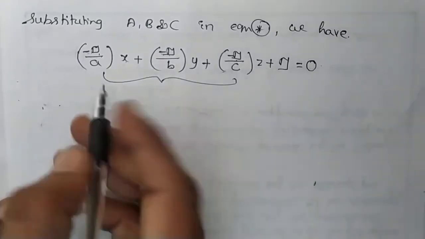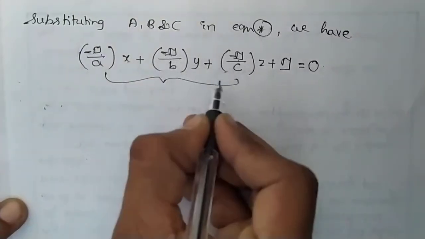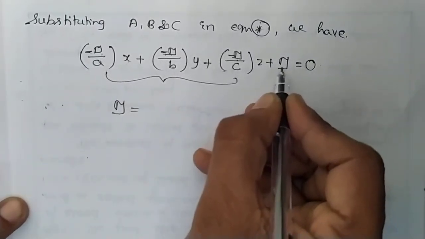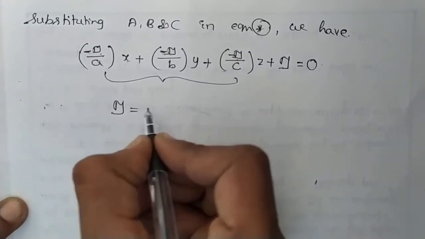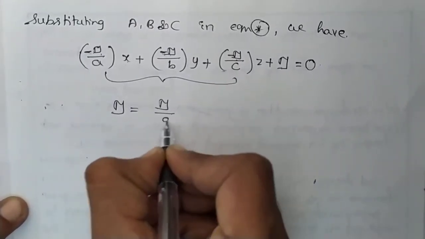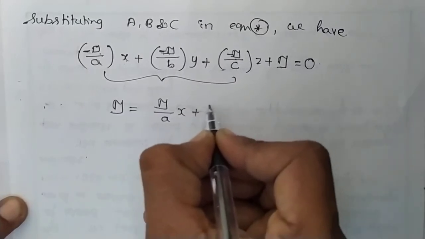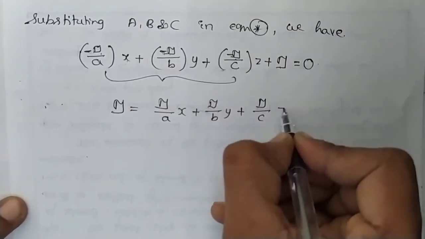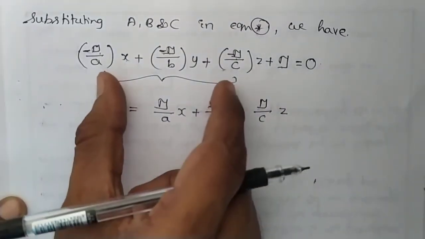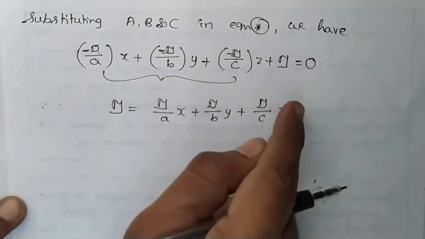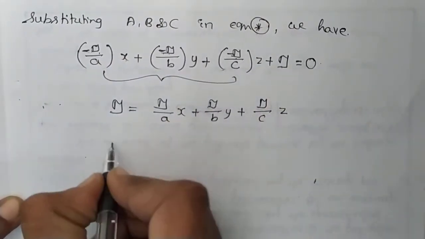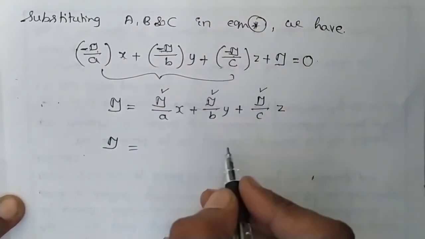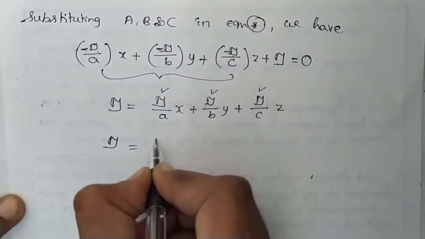That will be plus. If we send this minus to the right, that will be positive. Capital D equals, you just keep this plus D as it is. D equals D by A into X plus D by B into Y plus D by C into Z. Do not confuse, I am sending these three terms to the right, then that will be positive. Capital D equals, here we have D, D and D. You just take it common.